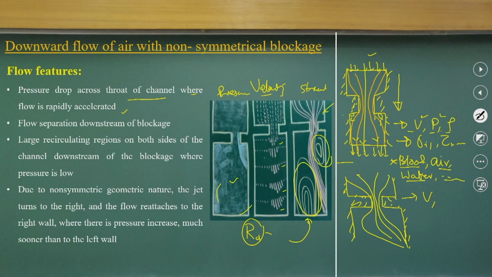There could be flow separations. Okay, that's what is there. There could be flow separations at the downstream of the blockage. Okay, large recirculating regions or vortex. You can see how the vortexes are happening, how these pressures are going to change. That's very interesting, between the left and right walls.